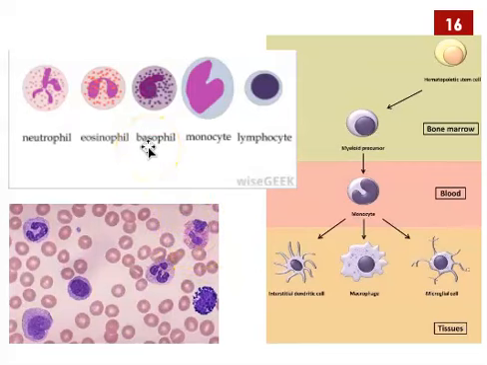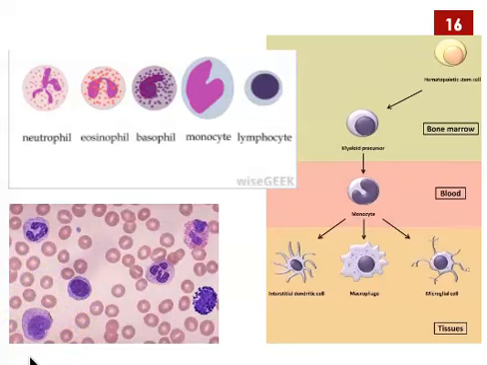Basophils also look like eosinophils, but they have blue staining granules in them. You can see that over here. This quite small cell with a great big nucleus, this is a lymphocyte. And this much larger cell, this is a monocyte.